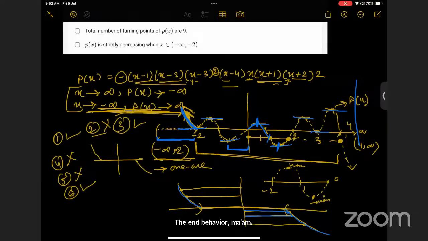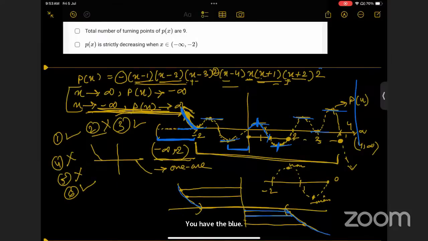Ma'am, can you please explain how you drew this entire graph? Only by looking at the equation after factorization. So you have the roots, right? Yes, ma'am.